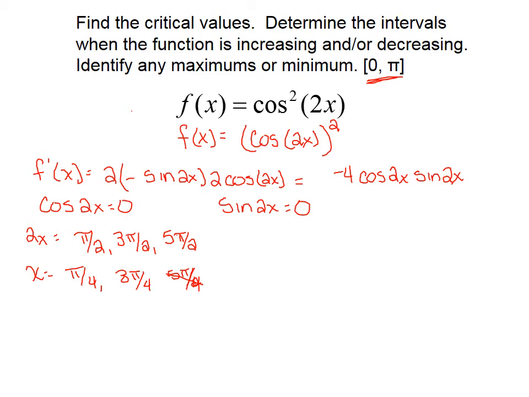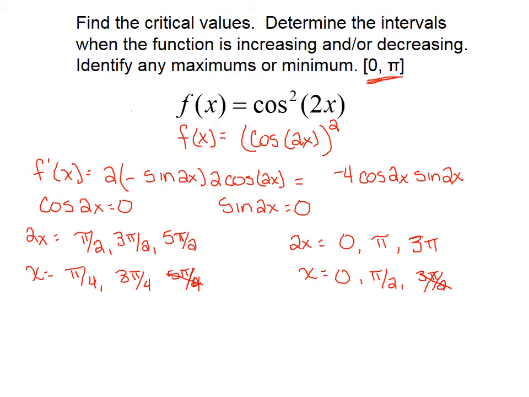Sine 2x, sine is 0 at 0, at pi, and at 3 pi. Which gives me x is 0, pi over 2, and 3 pi over 2. 3 pi over 2 is also out of my domain, right, because that will be greater than pi, so that's out of my domain as well.